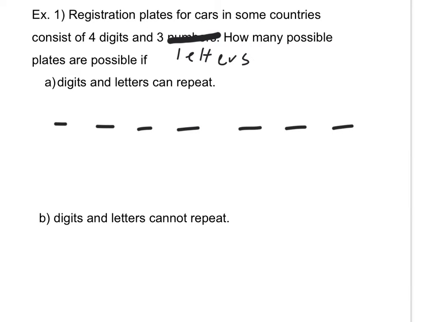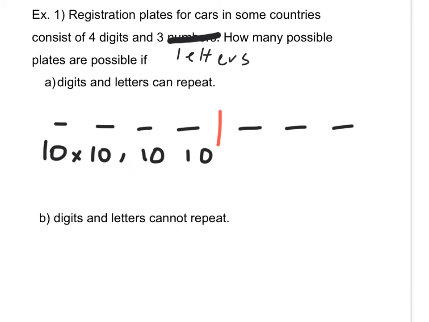So let's have a look. We've 4 digits. The digits go as far as here, and after that we've letters. How many options are there for the first digit? Remember, they can repeat, it says. 10. Now whatever I chose in the first position can be used again, so I still have 10 options, 10 options, 10 options.